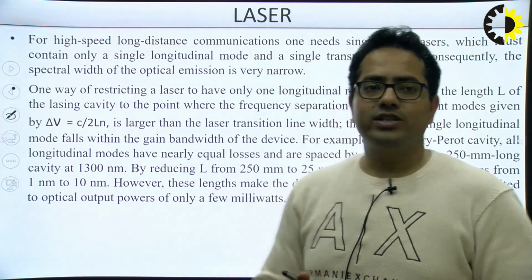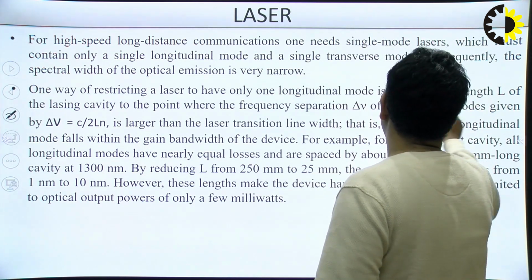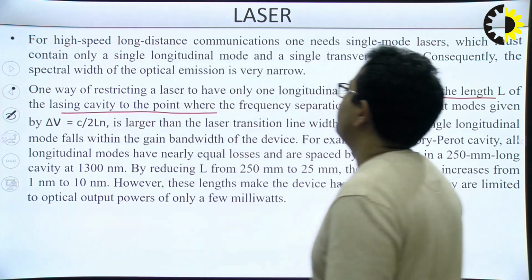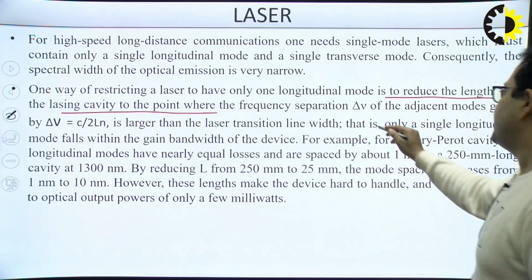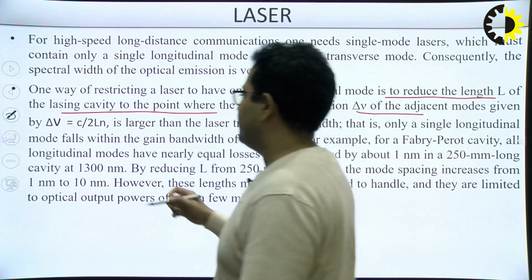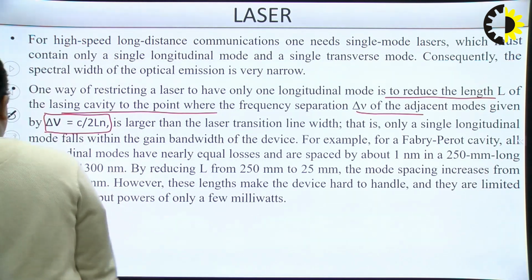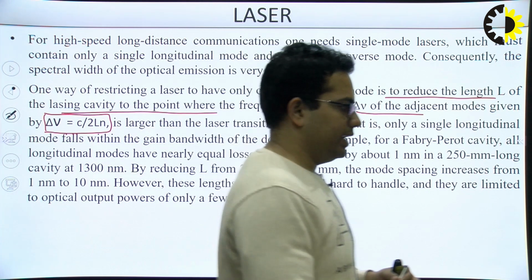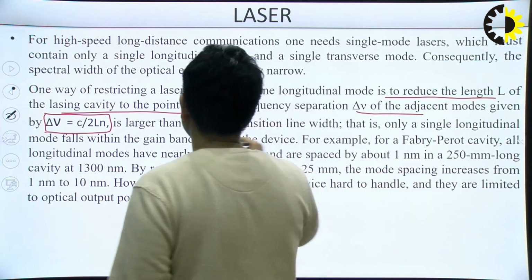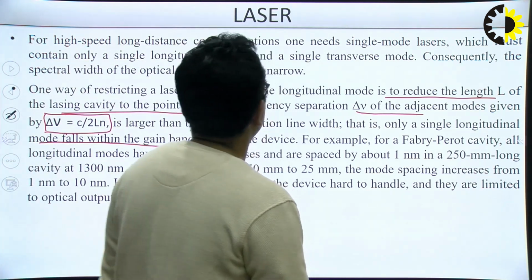One way of restricting a laser to have only one longitudinal mode is to reduce the length L of the lasing cavity to the point where the frequency separation del nu of the adjacent modes, given by the formula del nu equals c by 2 L n, where L is the length of the grating.